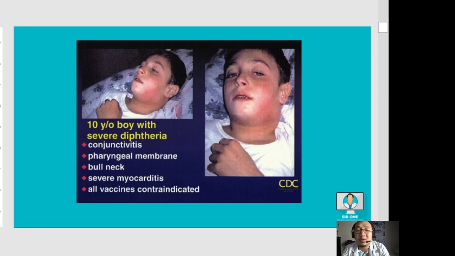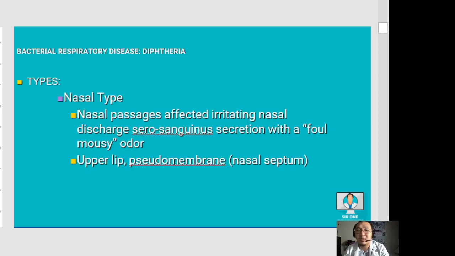The period of communicability varies, but some books say it is usually 2 to 4 weeks if left untreated, and other books say 1 to 2 days once it is treated.